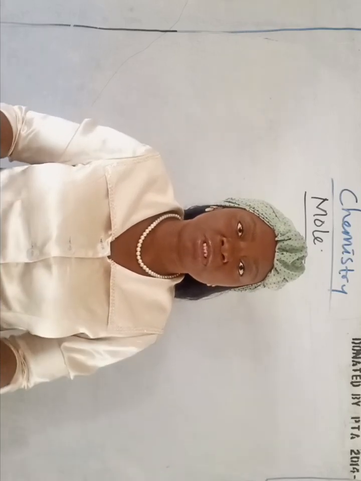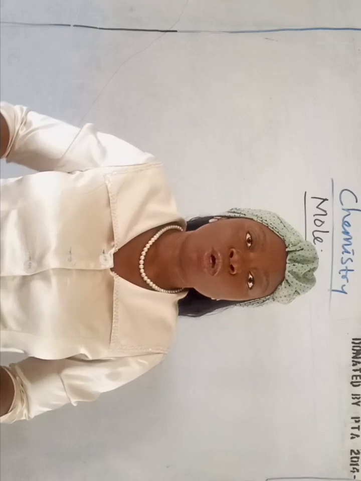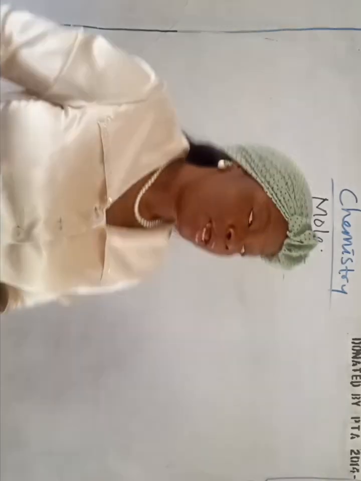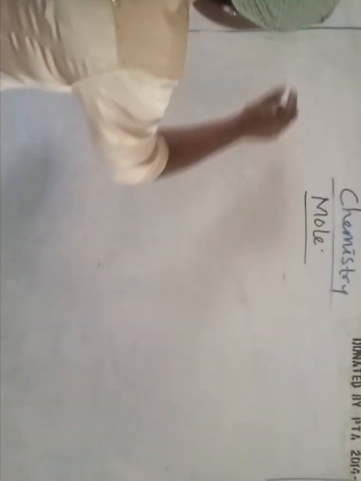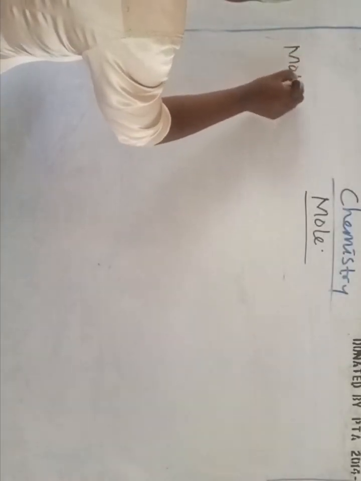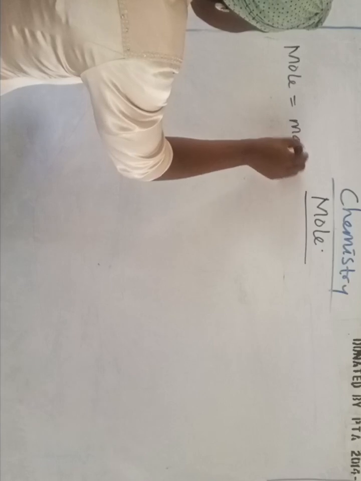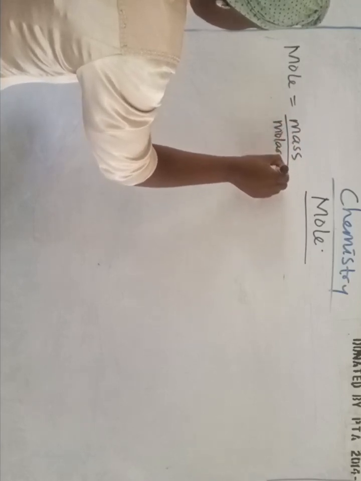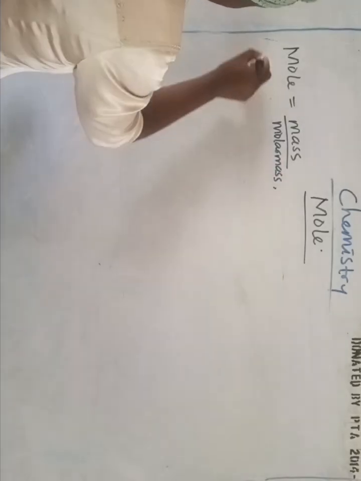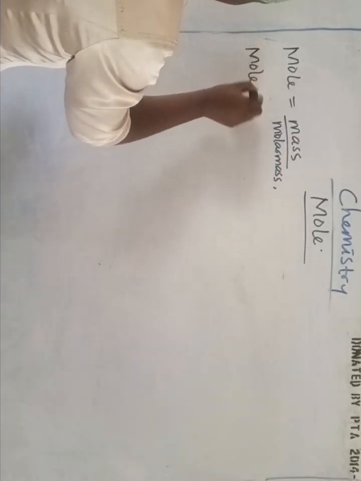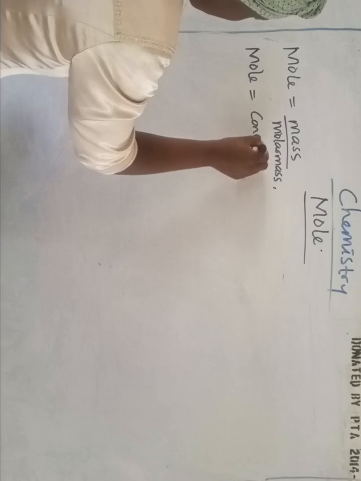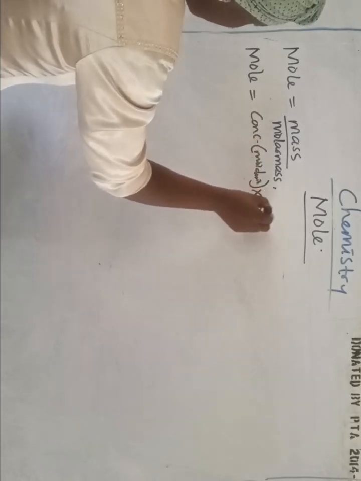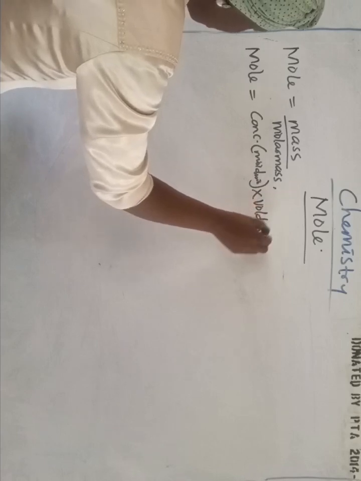Okay, so I'm going to give us about 5 formulas of mole. So maybe we are going to do just one example before we leave the class today. Okay, so I can say mole equals to mass over molar mass. I can also say my mole equals to concentration in mole per dm cube times volume in what? dm cube.